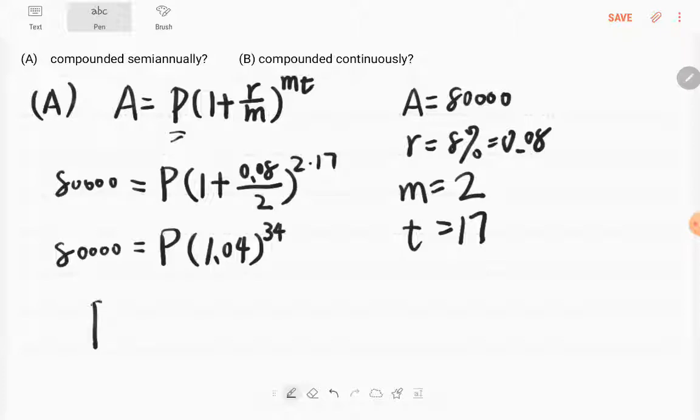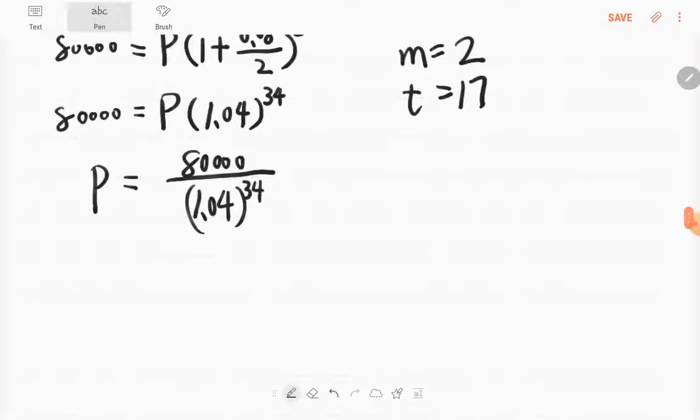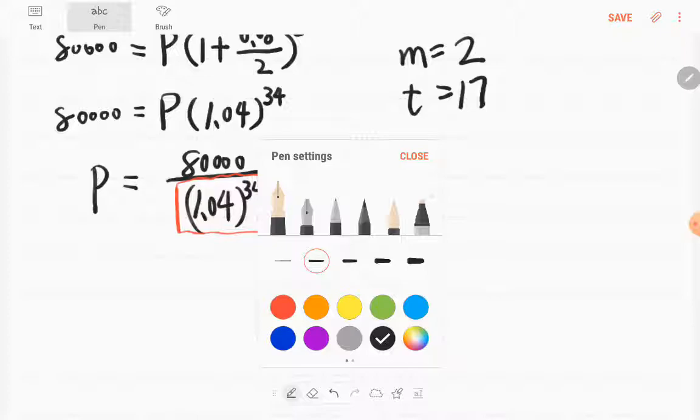So P is equal to 80,000 divided by 1.04 to the 34. When you use a calculator, you need to calculate this term first, right?